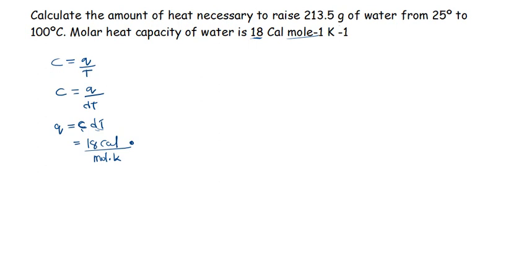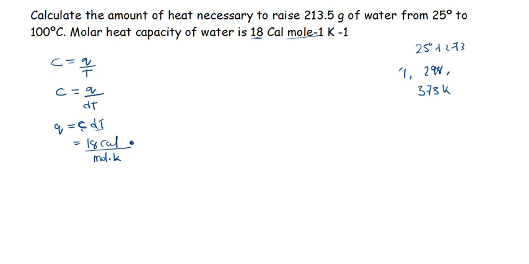we have 25 degrees, which is plus 273, which will give us 298. This is our T1. Then T2 we have 100, so that will be 373 Kelvin.